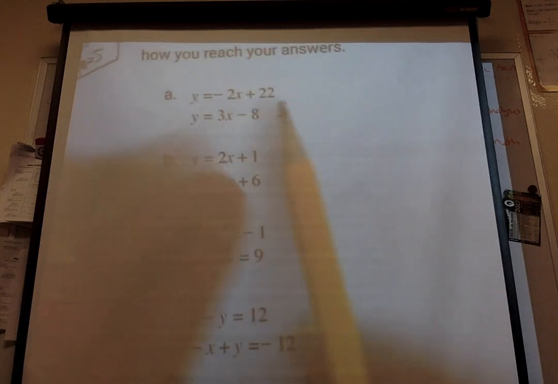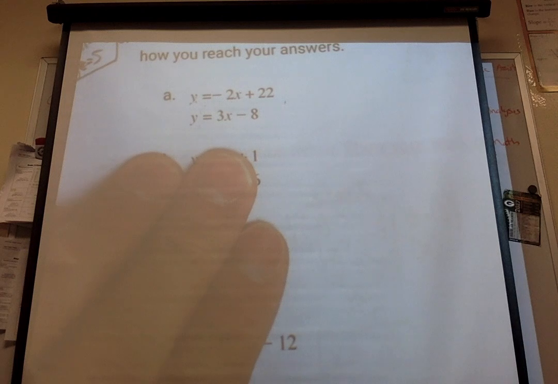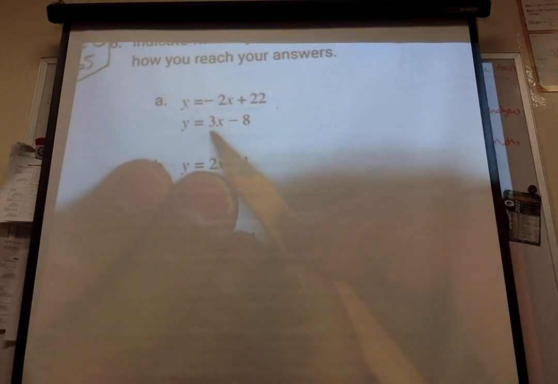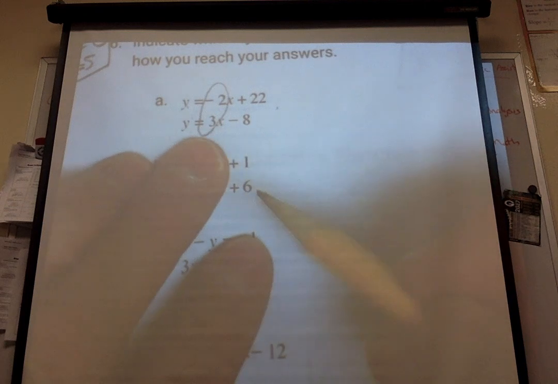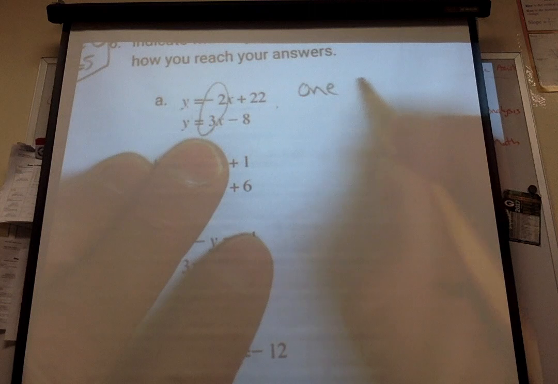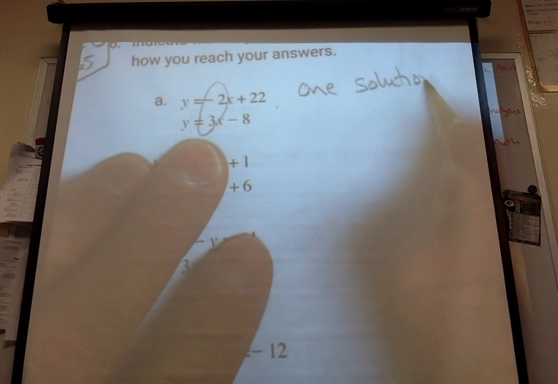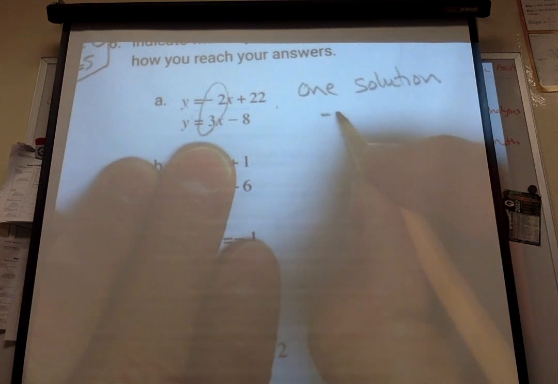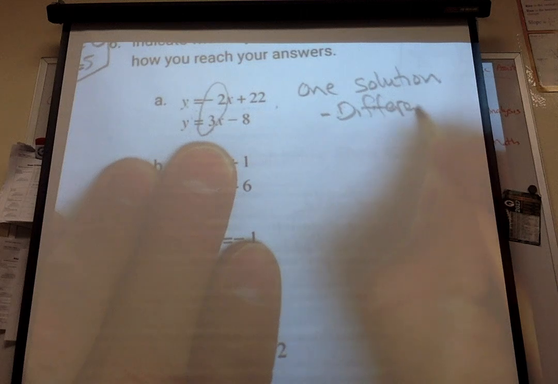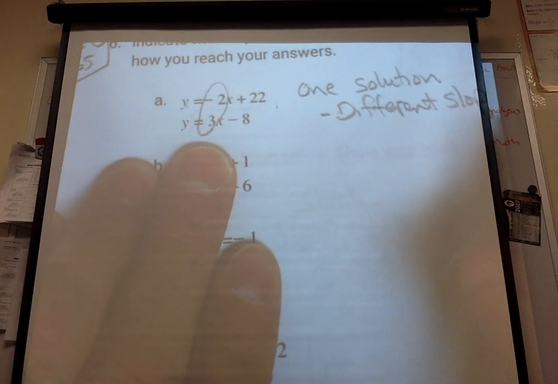So in A, they're the same form. So if it's one solution, we're going to look at our coefficients. That would be our m. If they're different, and they're different in this case, it's going to be one solution. So our answer is one solution, and I'm going to say different slopes.